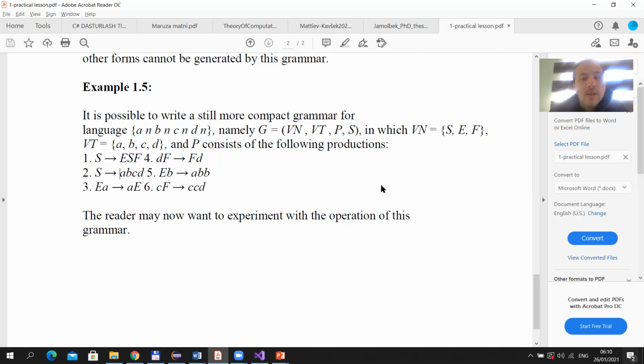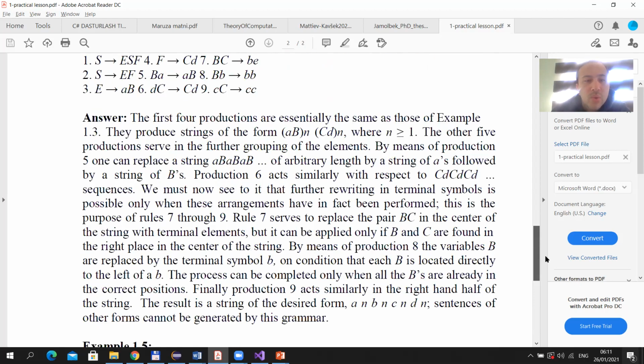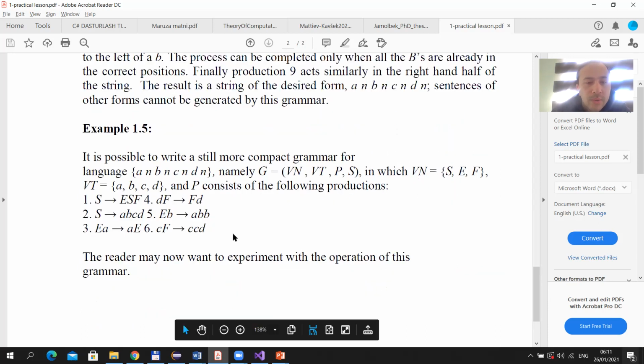So I will leave it for you to experiment. This will be similar to exercise number 4. So this will be homework for you. Once you complete this exercise, you can submit it through eClassroom, and we will discuss it later in the next tutorial.